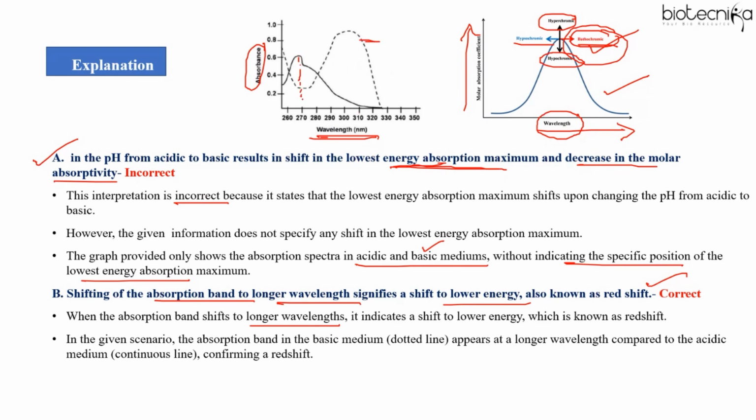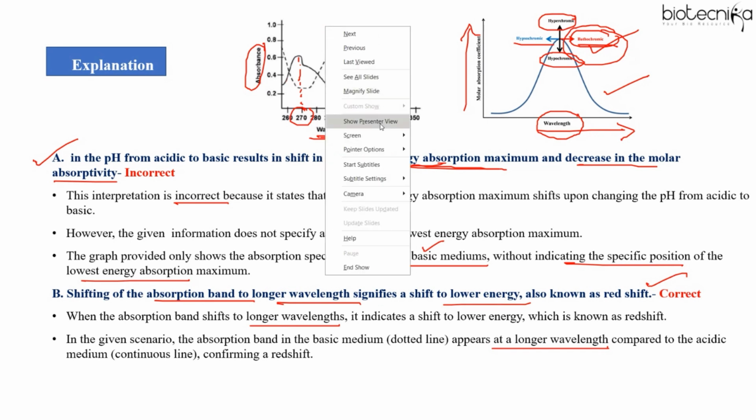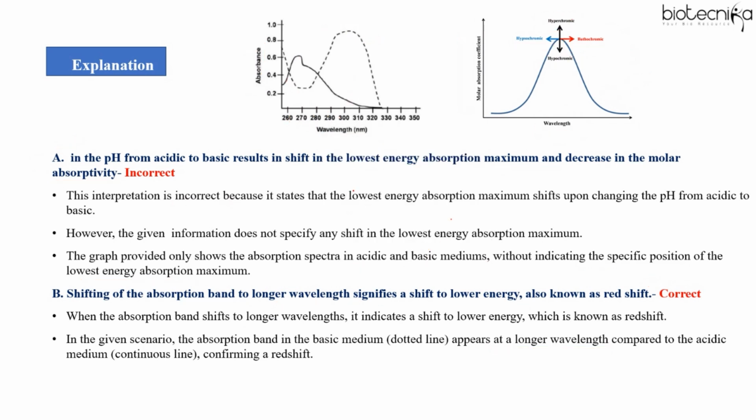If I see the peak, it is around 270 for the continuous line, but beyond 270 for the dotted one. So the absorption band in the basic medium appears at longer wavelength compared to acidic medium, which is shown with the continuous line. So this is correct.